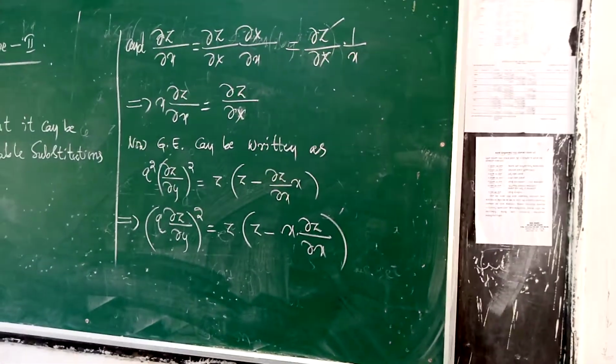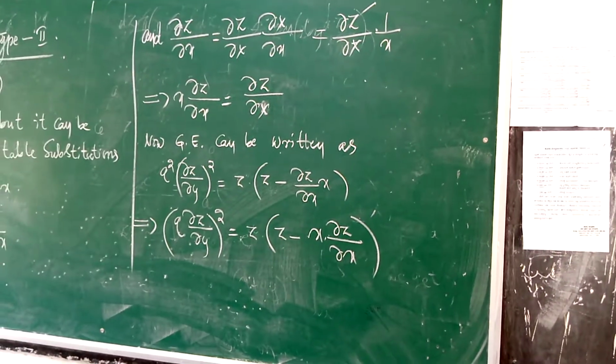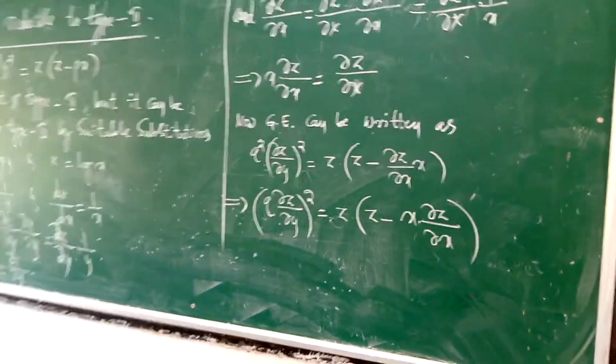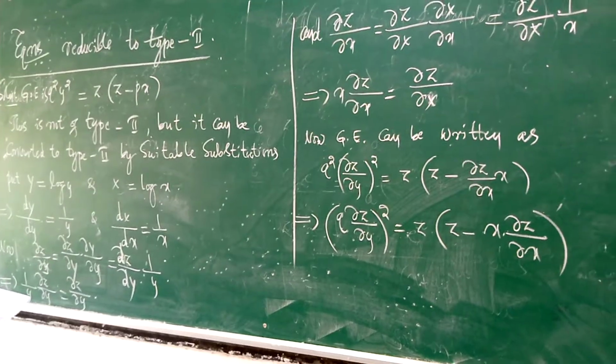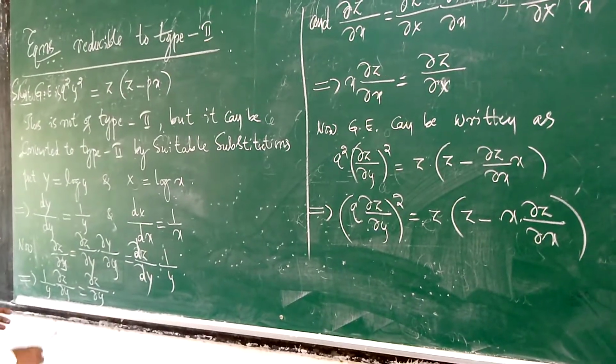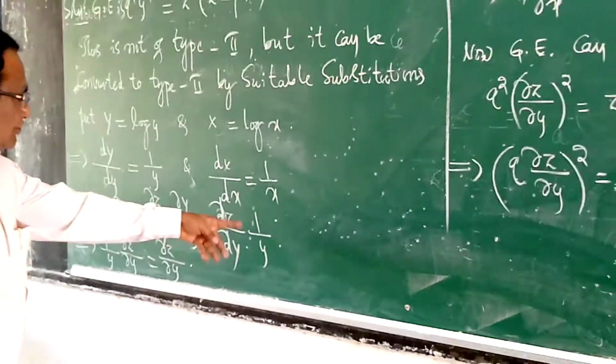Now observe here this y into dou z by dou y. What is dou z by dou capital Y here? Dou z by dou capital Y is y into dou z by dou y, since dou capital Y by dou y is 1 over y.